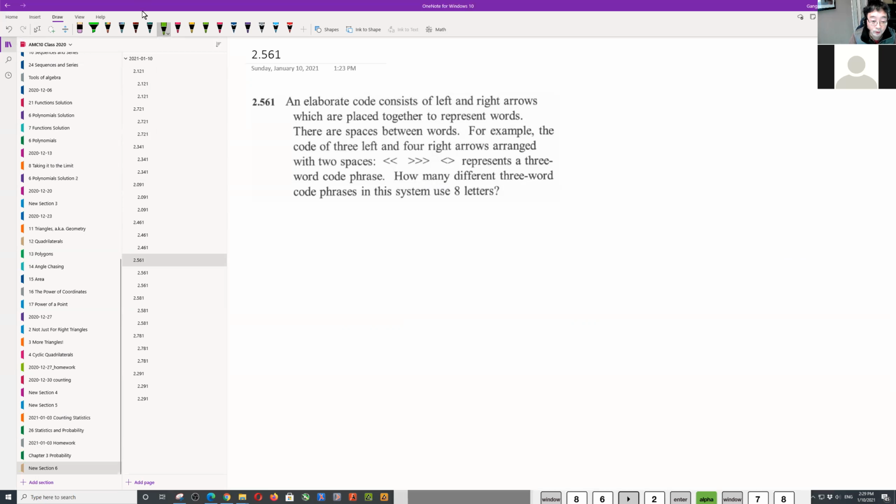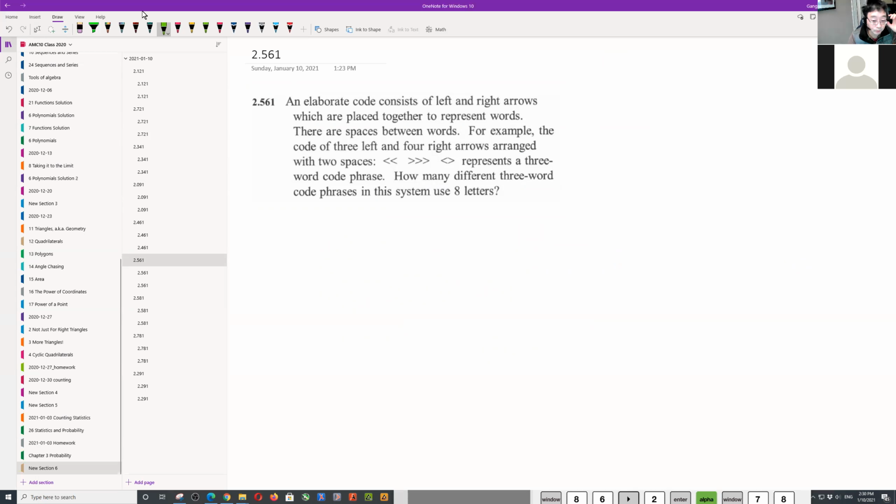For example, the code of 3 left arrows and 4 right arrows with 2 spaces can make this arrangement, and represents a 3 word phrase. So how many different 3 word phrases are there in this system using 8 letters?